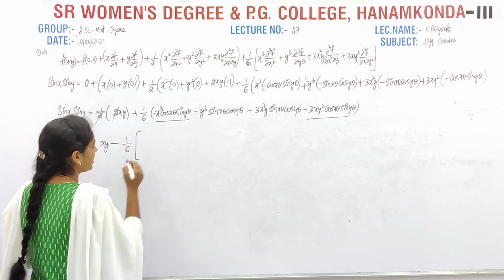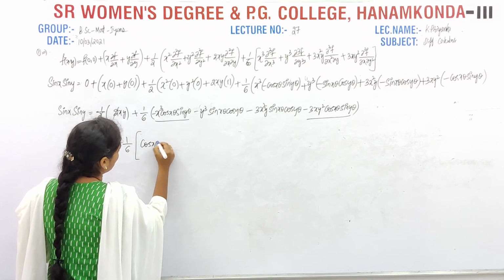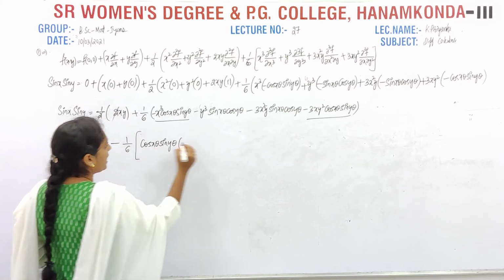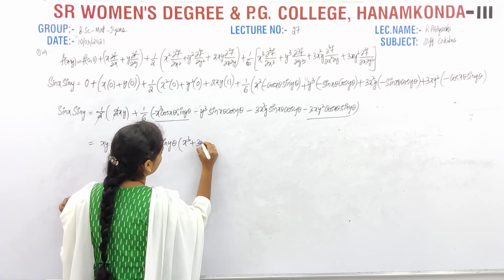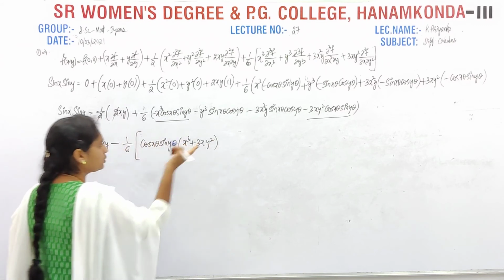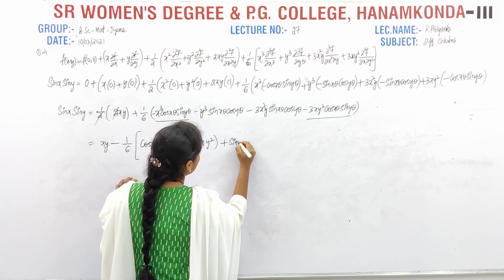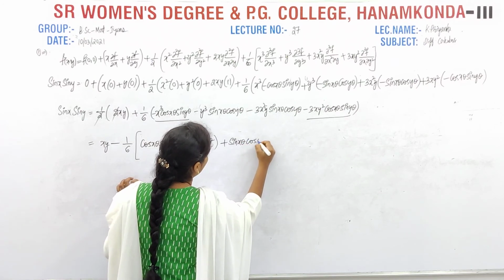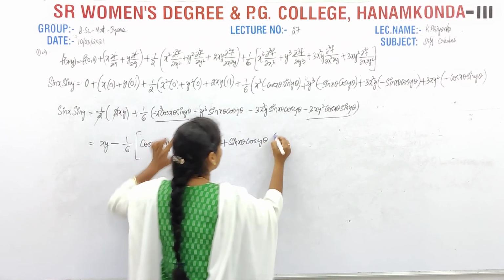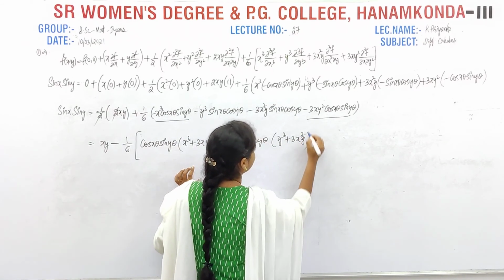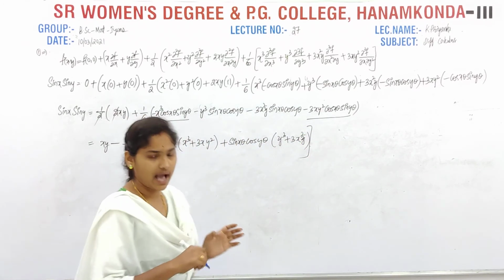That's why I am taking cos x theta sin y theta common. Then x cube plus 3xy square, because already I took that minus common. Next plus sin x theta cos y theta common. Then I will get that y cube plus 3x square y. Finally, we have a required answer.